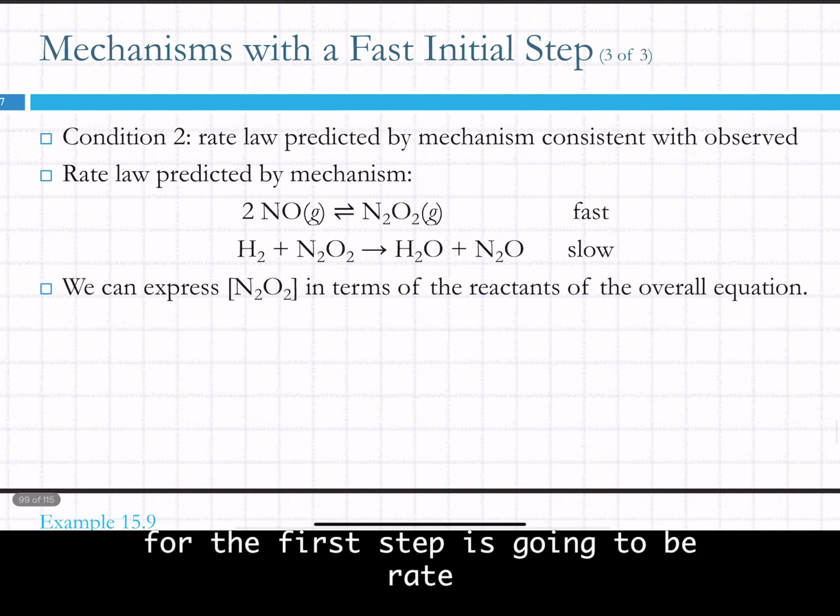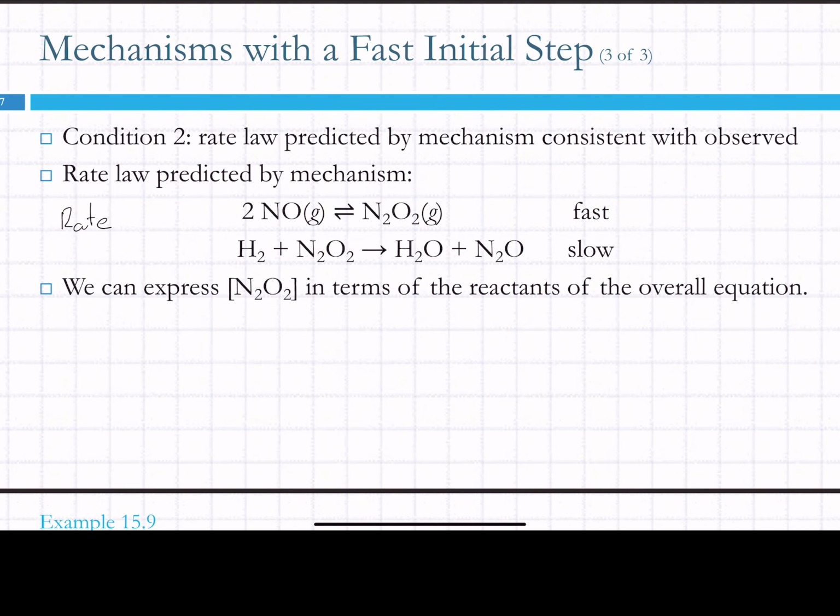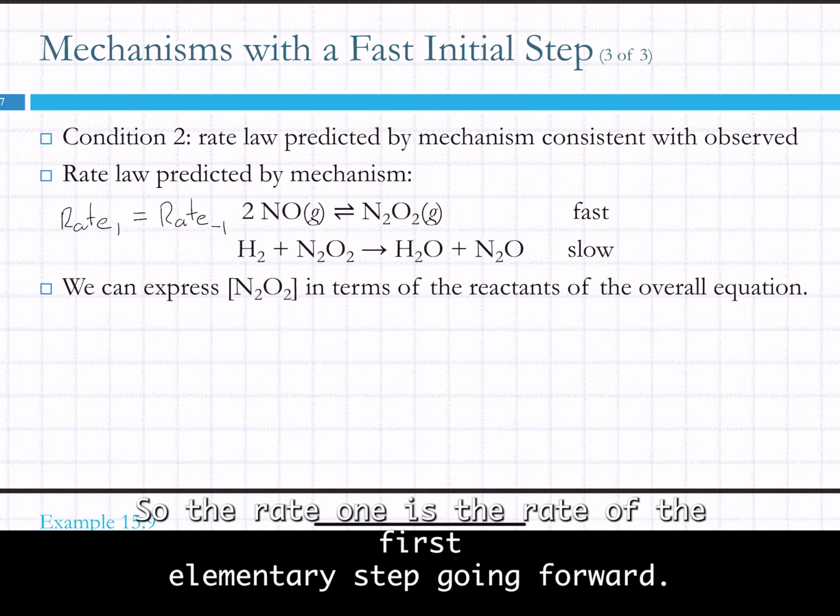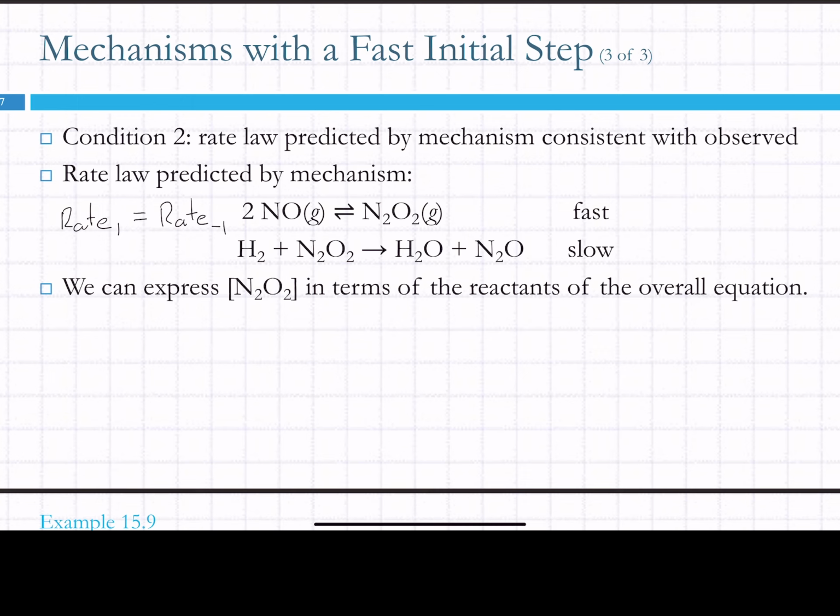And when we're talking about multiple elementary steps, we might express that as forward rate for the first step is going to be rate sub 1. So rate 1 is equal to rate negative 1. Rate 1 is the rate of the first elementary step going forward. Rate negative 1 is the reverse rate of the first elementary step. And again, for elementary reactions, we can write out the rate laws.